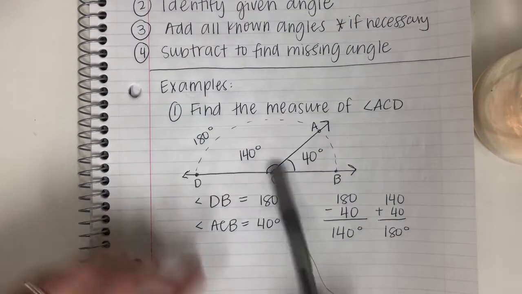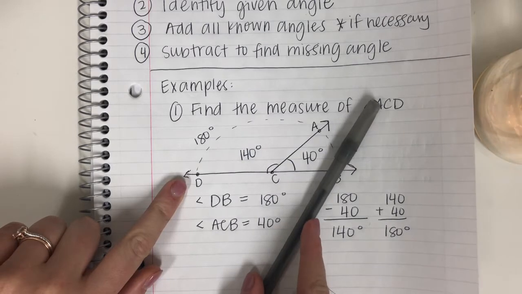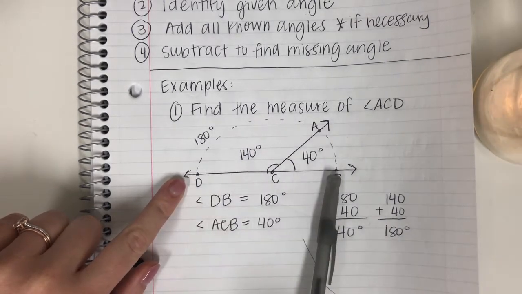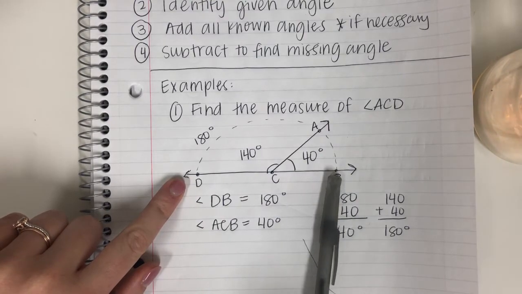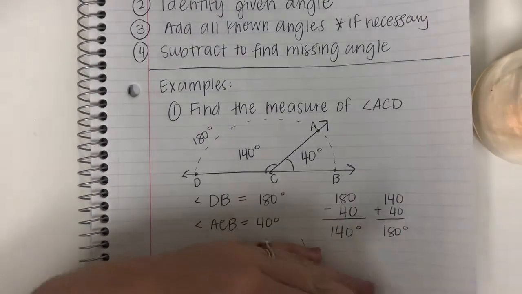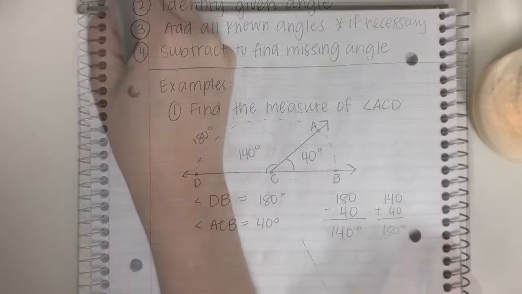I know it's 140 because this is 90, so I know it's going to be more than 90. I know it's 140 because this entire line is 180. So if I have 140, I give it another 40, that will give me 180 degrees. Okay? All right, let's look at another one.